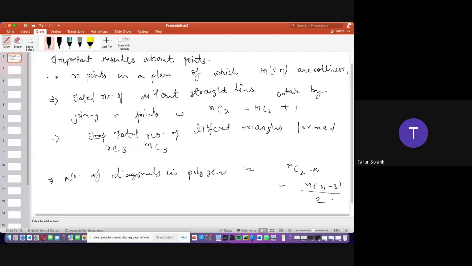Next, the number of diagonals in a polygon of n sides is nC2 minus n, that is n(n minus 3) by 2. Next, if m parallel lines in a plane are intersected by a family of n other parallel lines, then the total number of parallelograms formed is mC2 into nC2, that you can write as mn(m minus 1)(n minus 1) divided by 4.